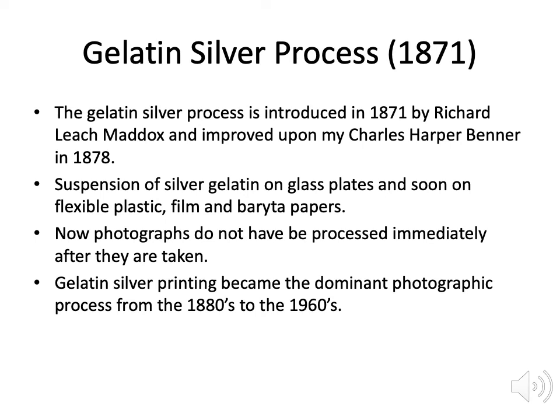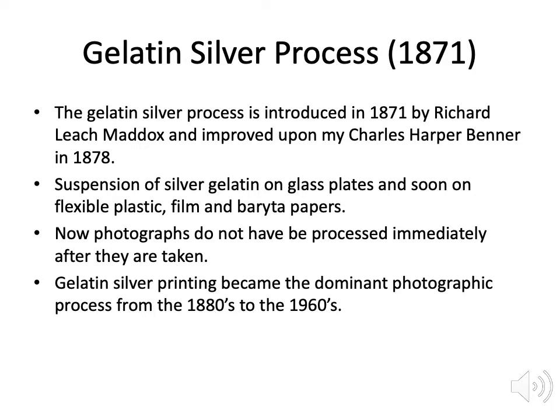So we're going to talk about the gelatin silver process in 1871. Now this was created and introduced by Richard Maddox. Now Richard Maddox creates a suspension of silver gelatin on glass plates.